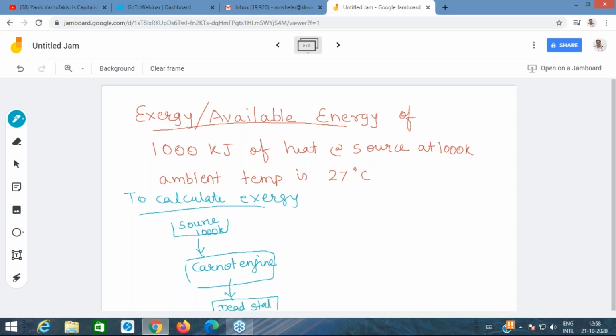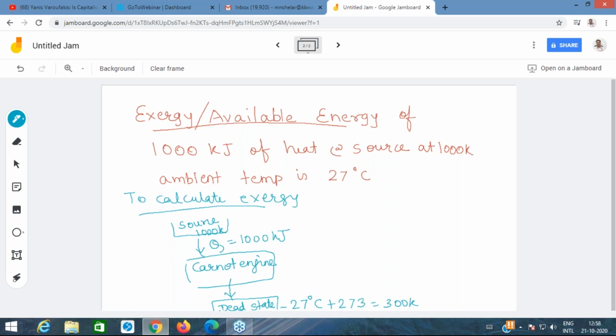It is given in this problem that the dead state temperature is 27 degrees centigrade, so 27 plus 273 is 300 Kelvin. The source is at 1000 Kelvin, and the heat whose exergy is to be found is 1000 kilojoules.